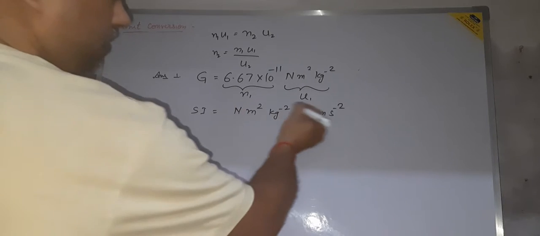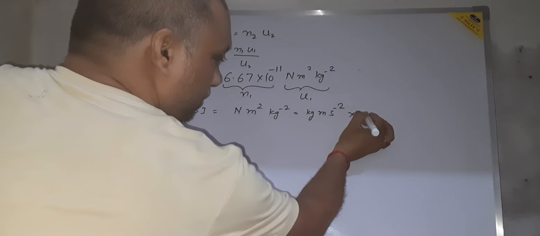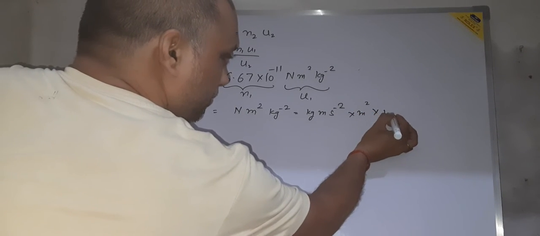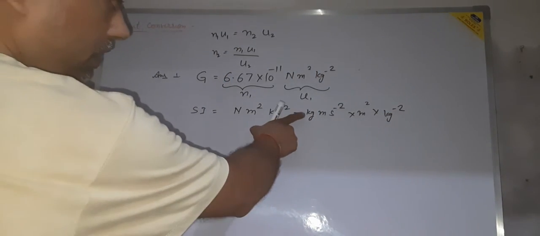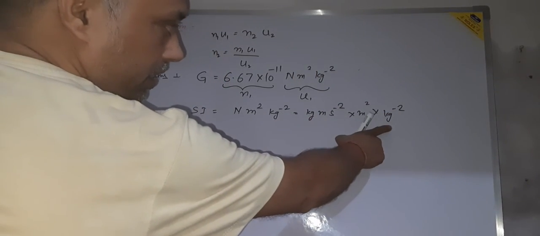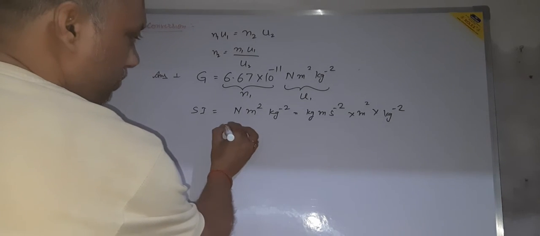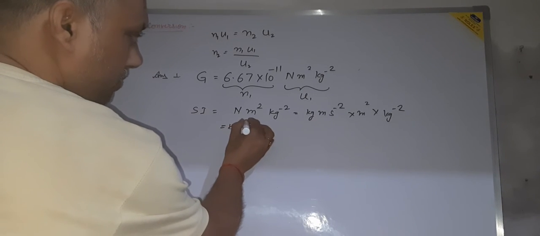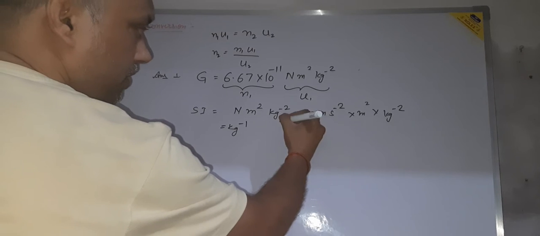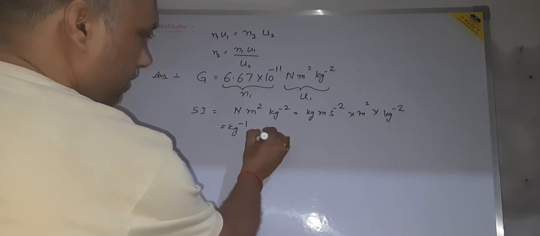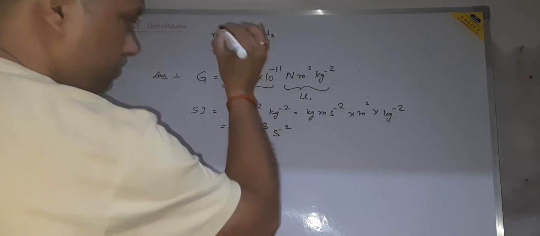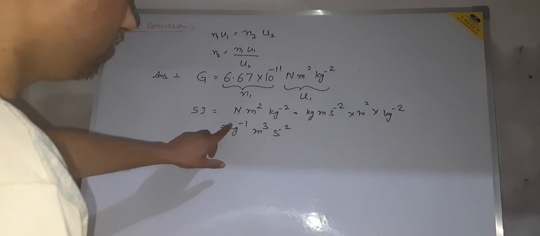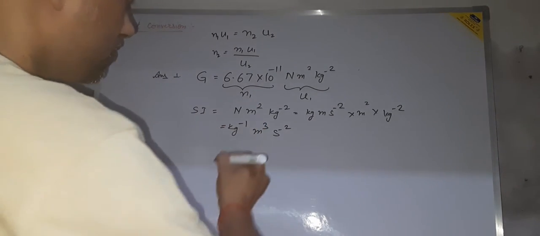Then also there is a meter square, and then kg minus 2 is coming. Here it is kg, and here it is kg minus 2. So when you solve, you will get kg minus 1, meter into meter square becomes meter cube, second minus 2.